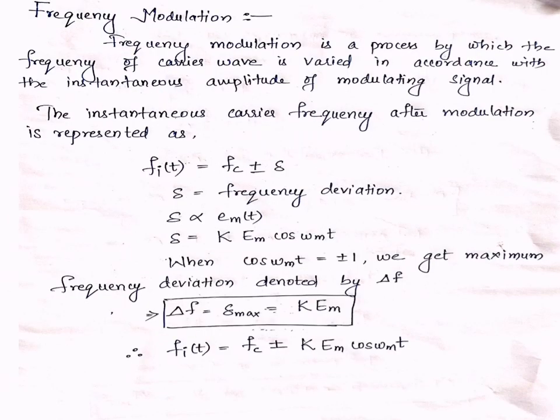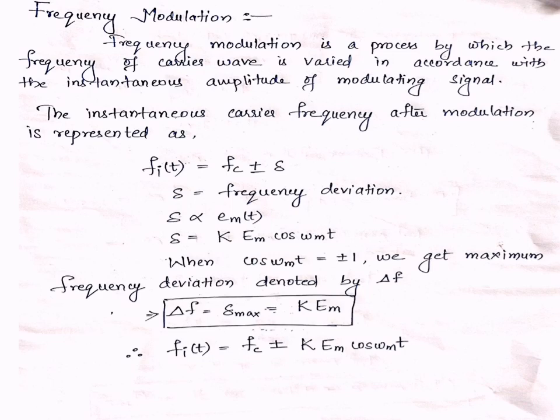Now into our frequency modulation. What do you mean by frequency modulation? It is a process by which the frequency of the carrier wave is varied in accordance with the instantaneous amplitude of the modulating signal.